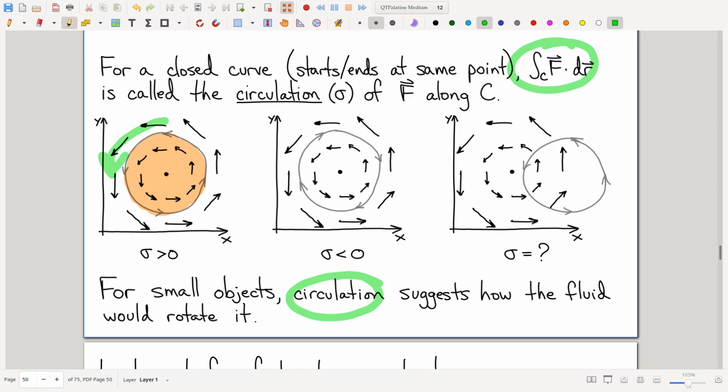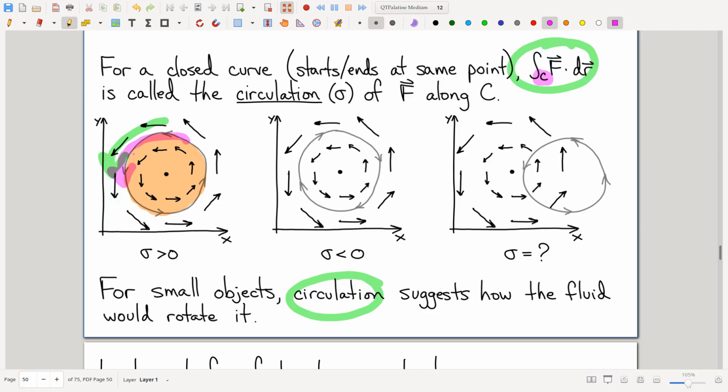So we call that positive because the curve along which we're interested in the circulation is going that way. When we compute this circulation, this curve is going counterclockwise, and we're going to call that the positive direction. A positive circulation says it's rotating in what we've agreed is the positive direction, because we oriented the curve counterclockwise, and so counterclockwise.